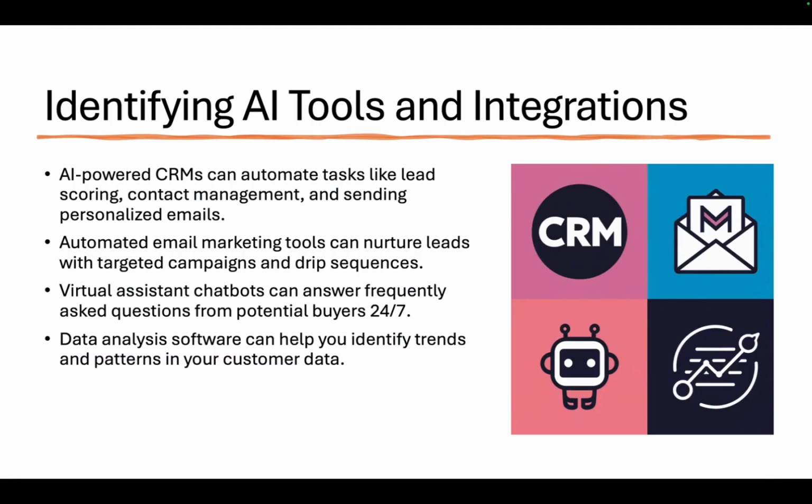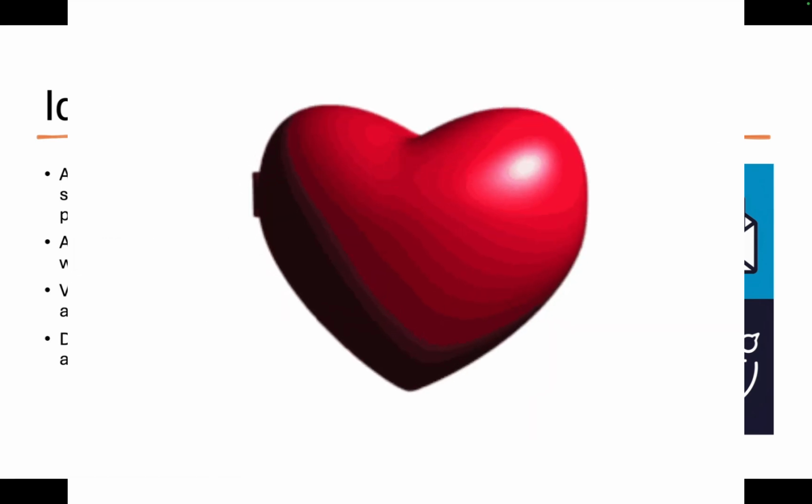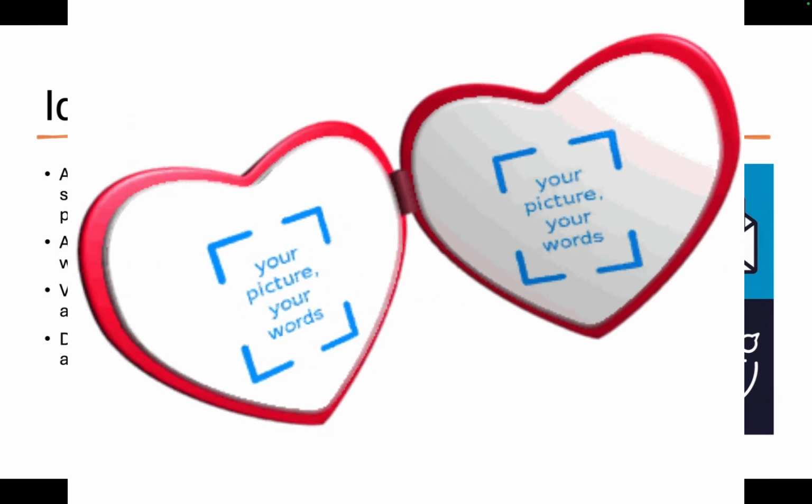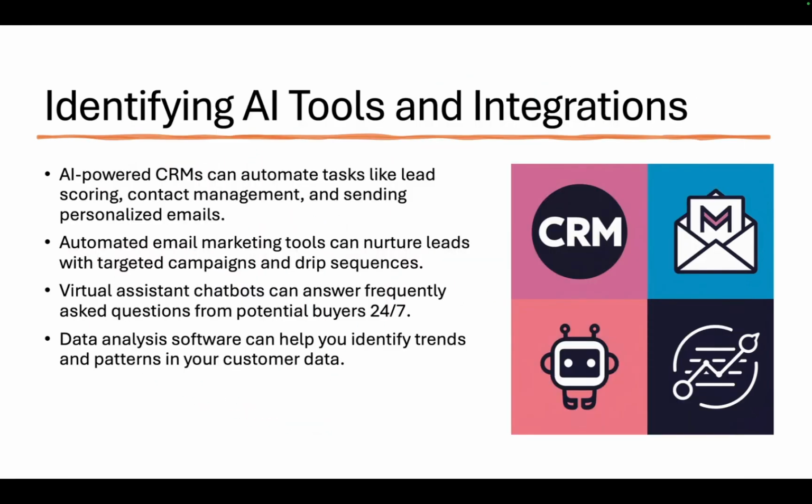Now, you'd also want to identify the tools that you can use for your integration. So AI-powered CRMs are there to help you with automating the task of lead scoring. So the lead scoring is where you determine how close to completing a task or making a purchase a client is. So with that lead scoring automated, you'd automatically be able to categorize your clients approaching your business.